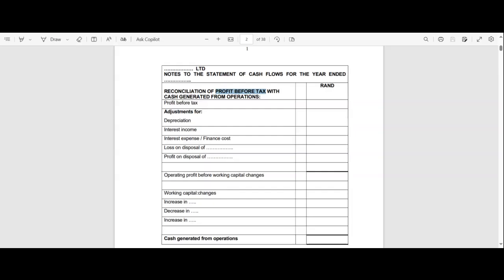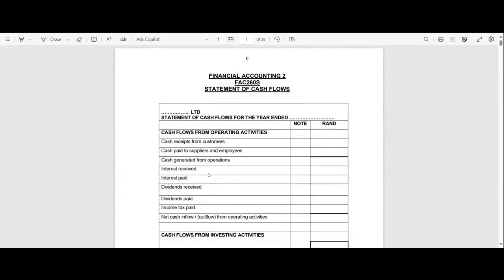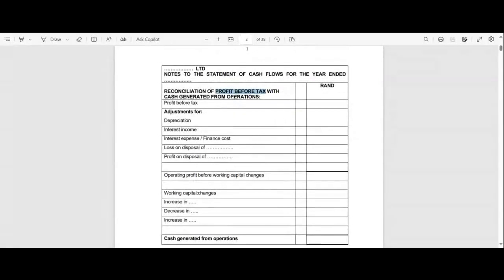In other words, it represents incomes and expenses that were either received or accrued. On the face of our statement of cash flows, we only have amounts received and amounts paid. But in our statement of comprehensive income, that profit before tax figure includes any of those incomes and expense items that were either received or accrued, right?